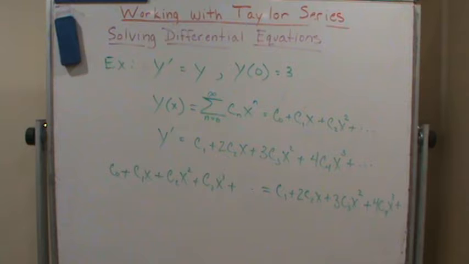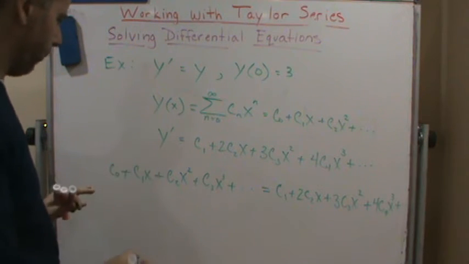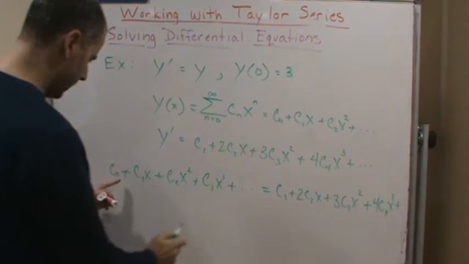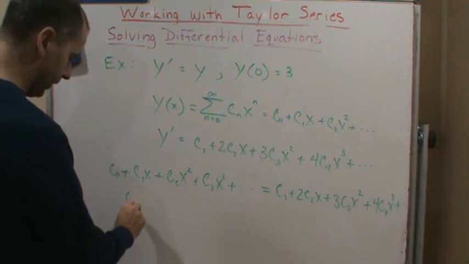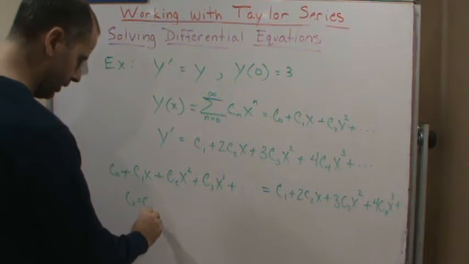Now, using the uniqueness of power series, if these two series are equal to each other, then that must mean that this is only going to be true if the coefficients are equal. So that means, therefore, c0 and c1 must be equal, so c sub 0 equals c sub 1.